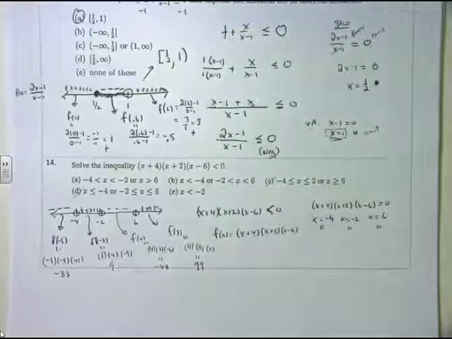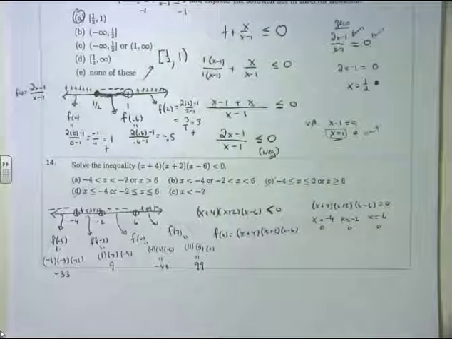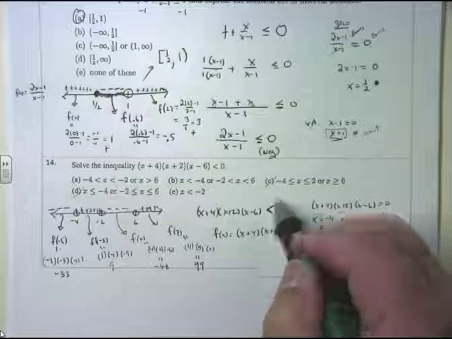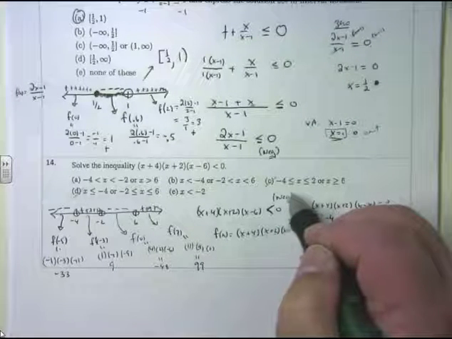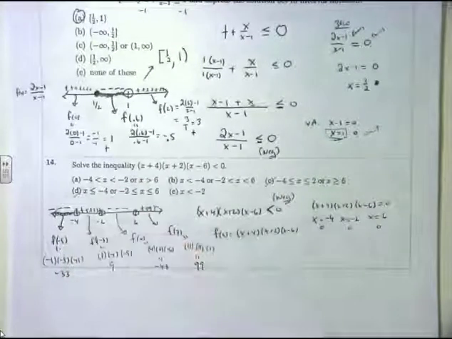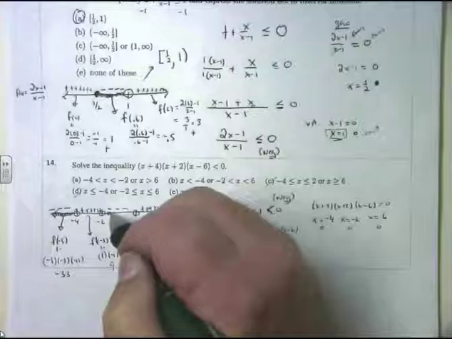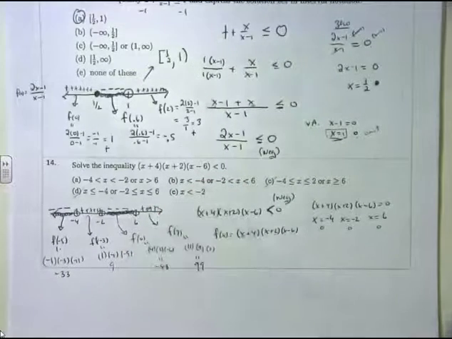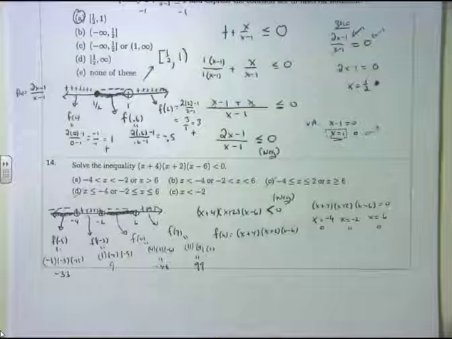Now I'm going to look at my inequality and figure out what kind I want. Since this function was set less than 0, we want the negative guys. So it's negative from negative infinity up to negative 4. It's also negative between negative 2 and 6. They didn't use interval notation on this one, they used set notation.